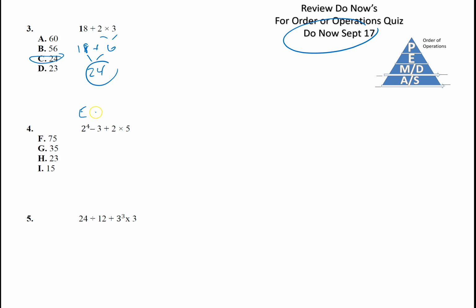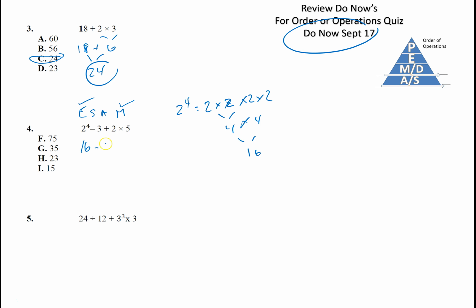I have subtraction, addition, and multiplication. So my exponents are first, multiplication second, then addition and subtraction, whichever I see first from left to right. So I'm going to do 2 to the power of 4 first: 2 times 2 times 2 times 2. That's 4 times 4, which gives me 16.